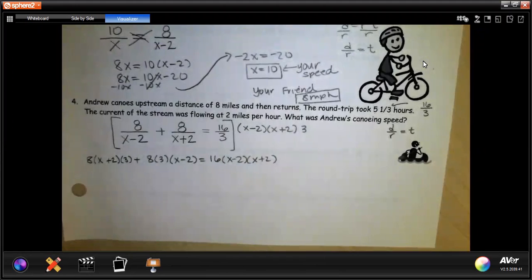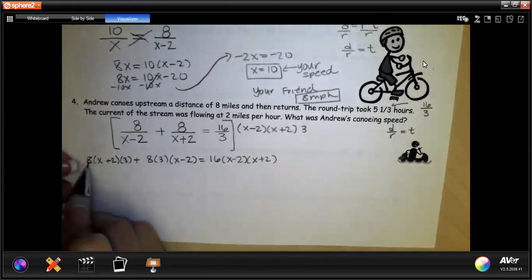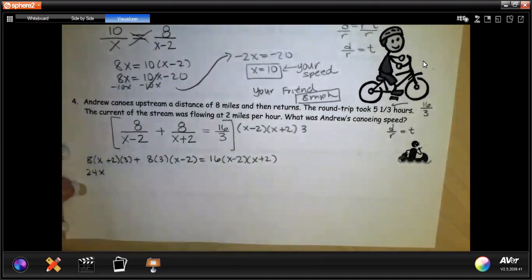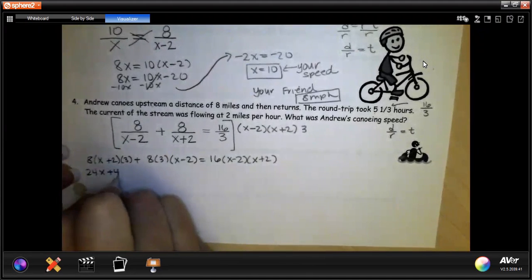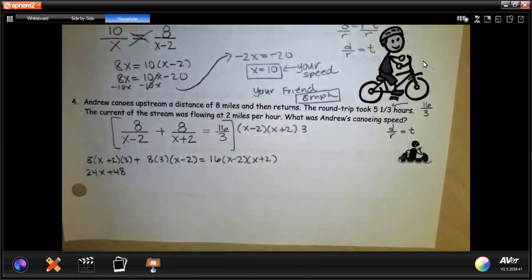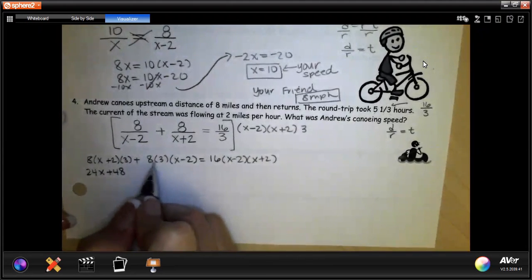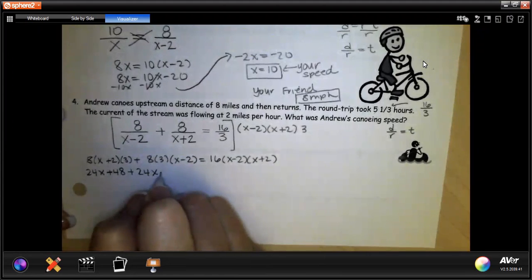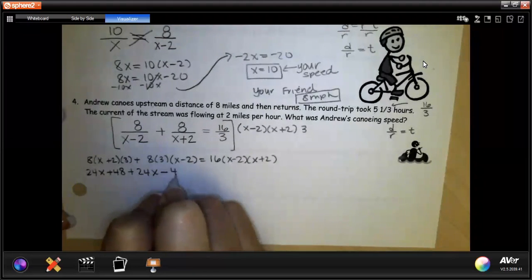Now this has all kinds of fun math there. We're going to have to do 8 times 3 is 24, and we're going to distribute that, so we get 24x plus 48. For the second one, again, we get 24, and we distribute that, and we get 24x minus 48.